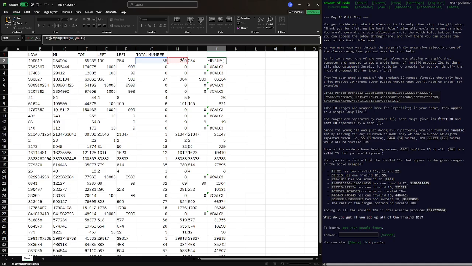If this greater than 0, then that. Otherwise 0.